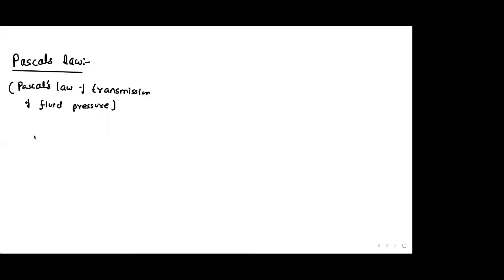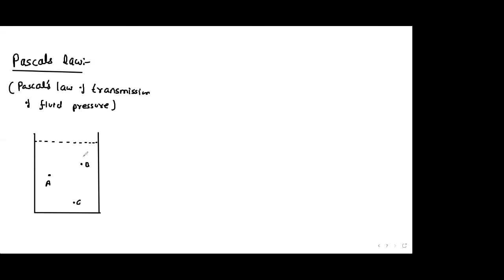So this simply means that if you have a container, and this container is fully filled with the fluid, then at every point, let's say this is point A, this point A has some pressure, this point B has some pressure, this point C has some pressure.